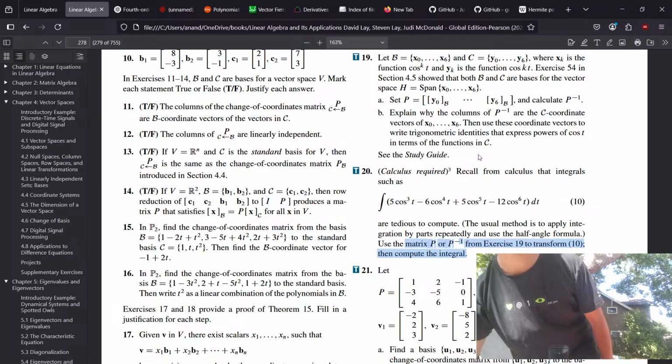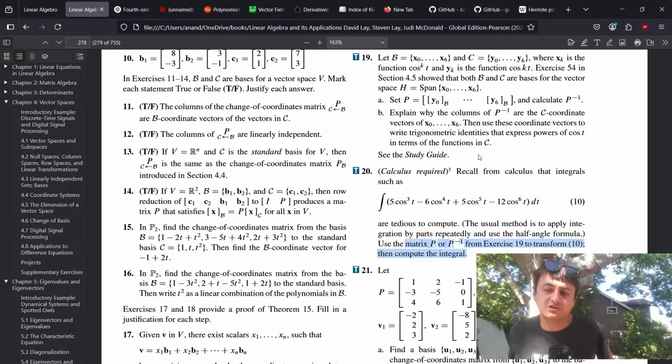Okay, so 19 and 20 are for sure. 19 through 20. All right, what is 21?